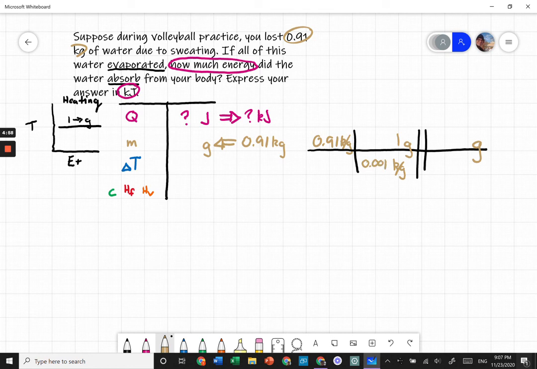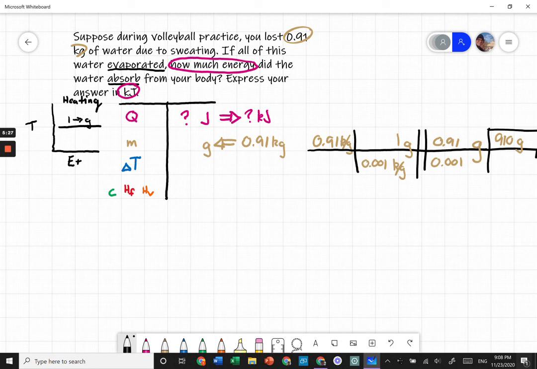So at this point, we can multiply everything across the top, 0.91 times 1, that gives us 0.91 grams on the top, and on the bottom we just have that 0.001. Because I crossed off the kilograms, that's not going to show up. Now I need to divide the top by the bottom. So 0.91 grams divided by 0.001 gives me 910 grams.